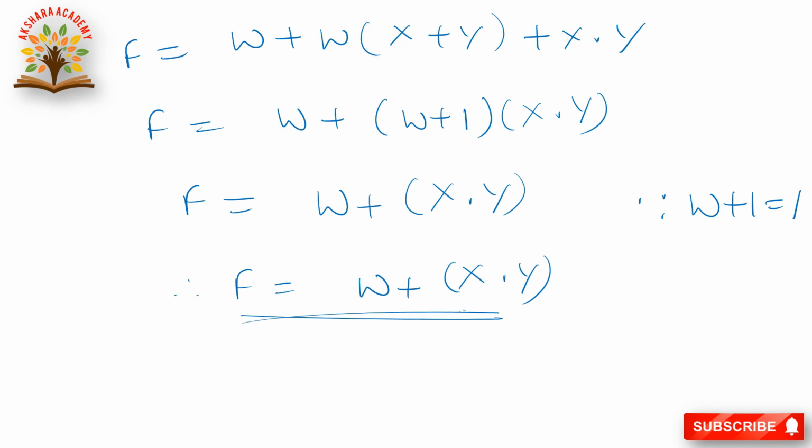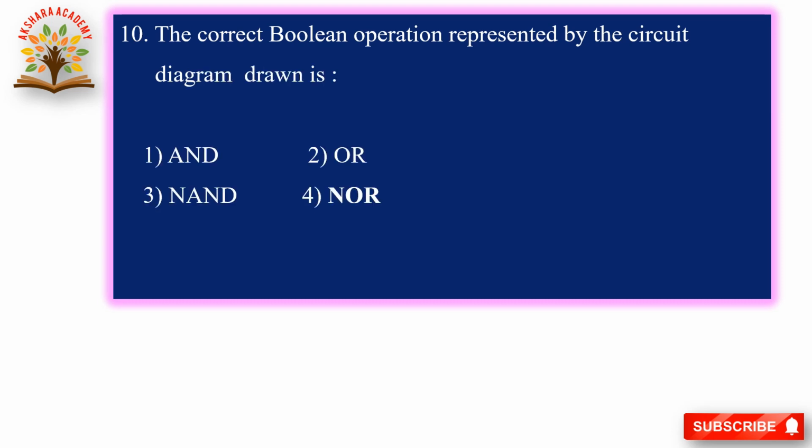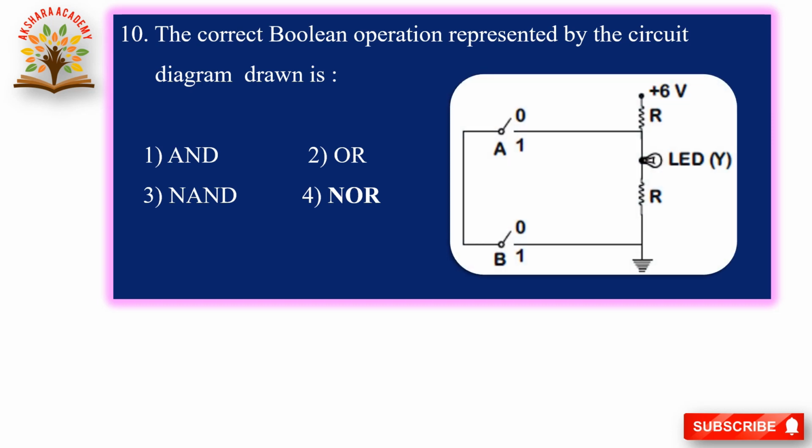Okay. Next we will go to the next question. The correct Boolean operation represented by the circuit diagram drawn is, see here, what is the correct Boolean operation for this circuit. Now let us go to the solution.